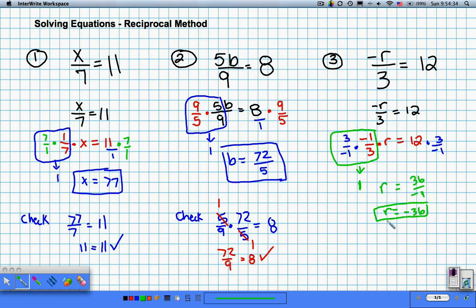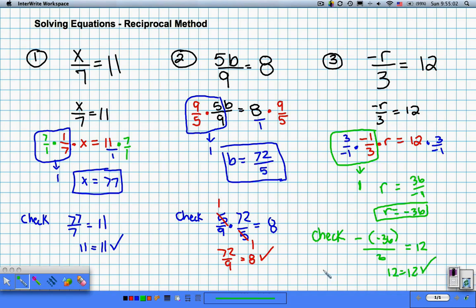Now if we check our answer, we put negative 36 in for r. We have to be careful with our substitutions because we have that negative in front of r. So we're going to have negative 36 over 3 is that equal to 12? Well, a negative times a negative makes it positive, and positive 36 divided by 3 is in fact 12. So we're done, and we checked our work.